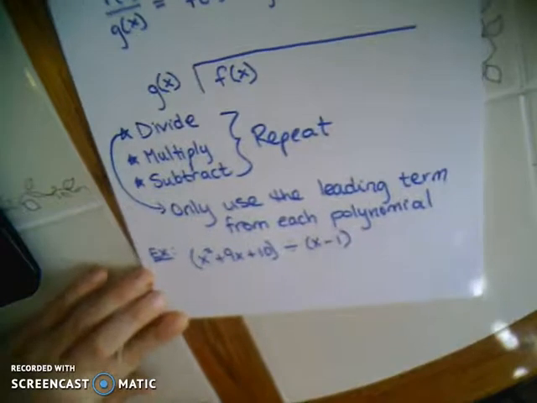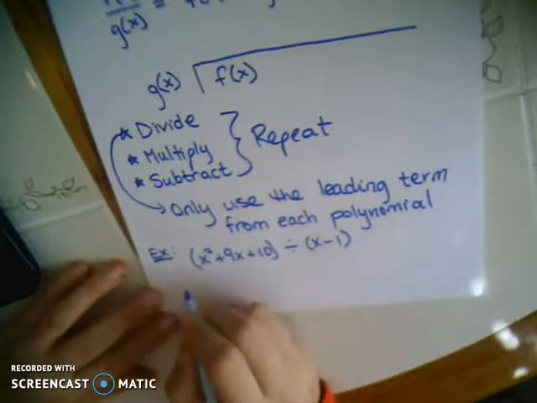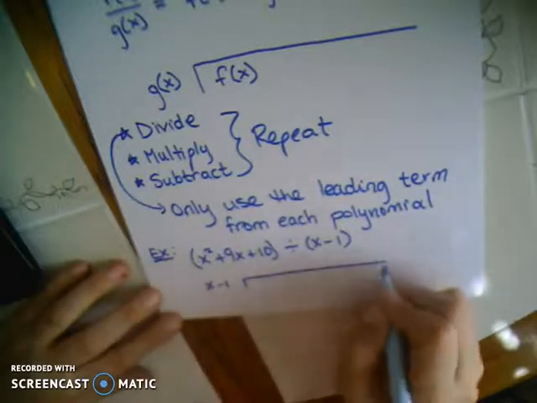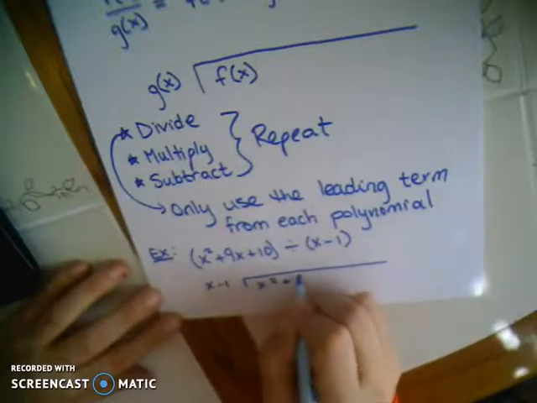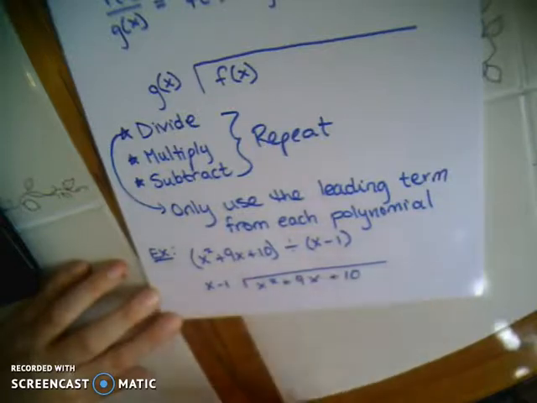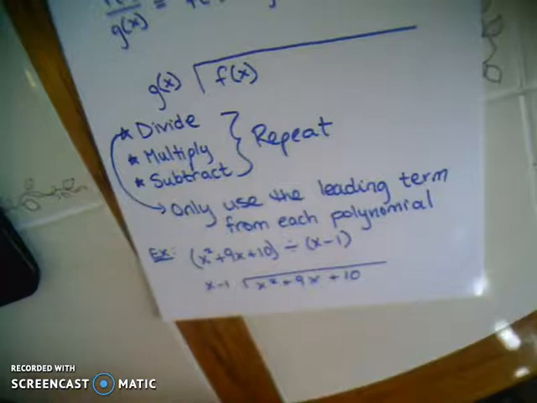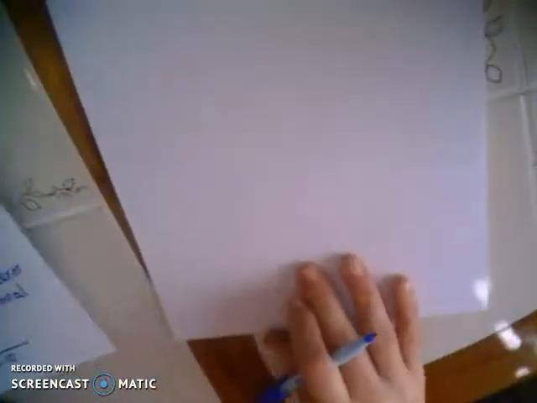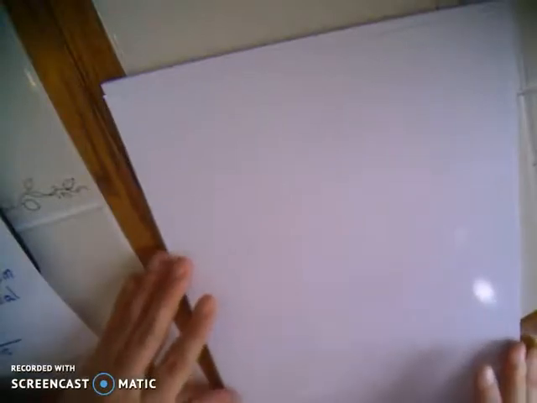So I'm going to write x minus 1 on the outside and x squared plus 9x plus 10 on the inside. And I'm going to run out of room here, so I'm going to have to switch to another piece of paper. But I'm going to write the same thing on the next one, and we're going to start from there.